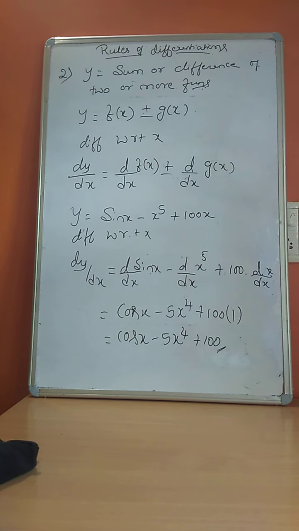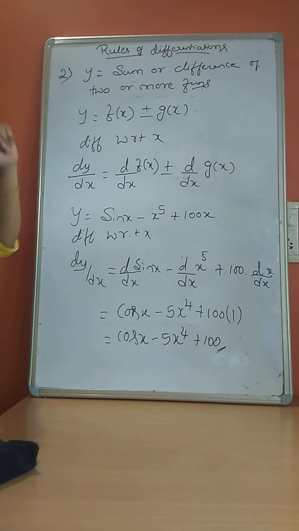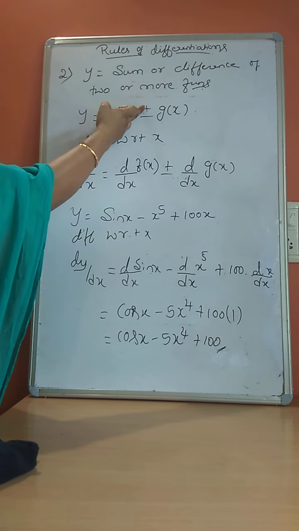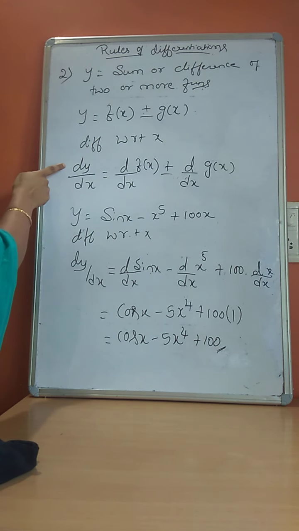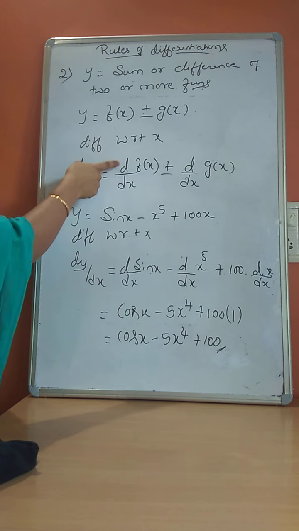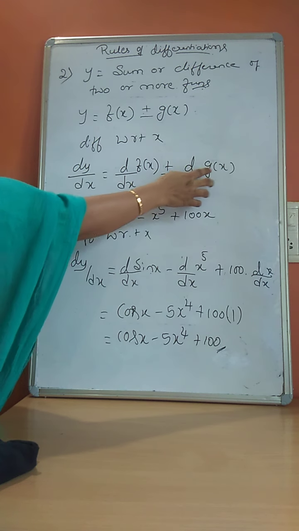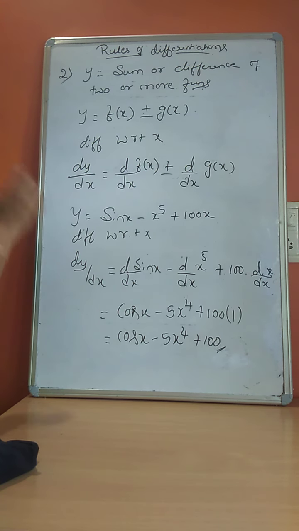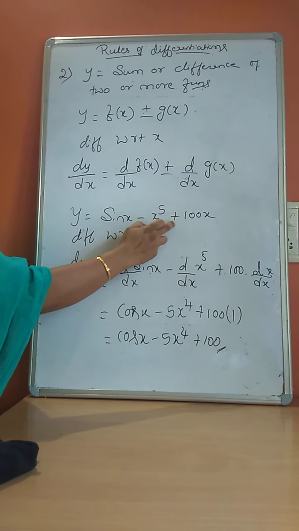Do you understand? If y is equal to the sum or difference of two or more functions, how do we differentiate? y is equal to f of x plus or minus g of x. Differentiate with respect to x. dy by dx is equal to d by dx of f of x plus or minus d by dx of g of x. For example, y is equal to sin x minus x to the power of 5 plus 100x.